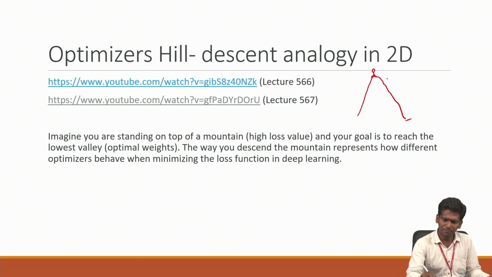The path may have bumps, like some big stones in your path, and some valleys also will be there in the path. How fast you could reach the bottom of the hill is the example to be considered here.